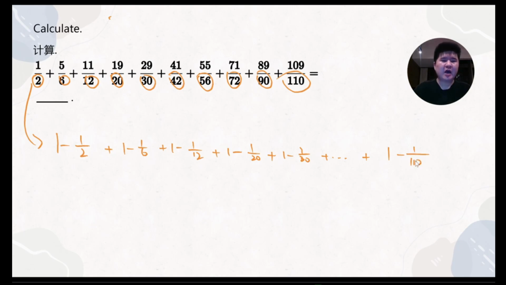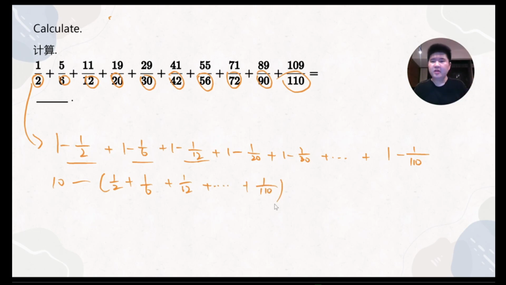And we just check how many ones are there. There are 1, 2, 3, 4, 5, 6, 7, 8, 9, 10. 一共有10个1。And minus, for the remaining part, we just collect them together. And I think for the following steps, I don't need to talk too much, right? 对于我们后面的一些步骤，应该不用再说了吧？So that is what we have.